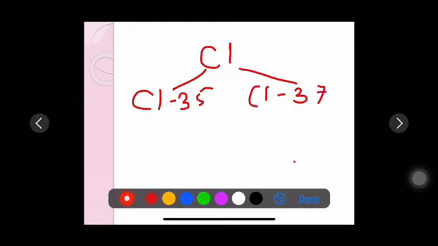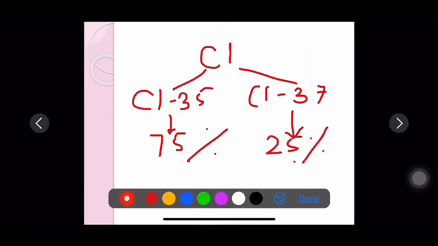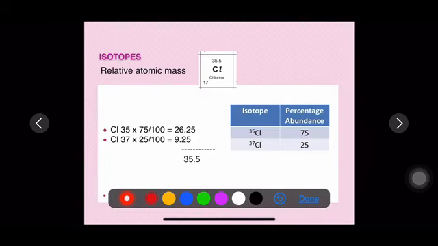Chlorine-35 is 75% and chlorine-37 is 25% by abundance. So how do we take their mean or average? To take the average, we multiply 35 by 75% and 37 by 25%, and then take their sum.